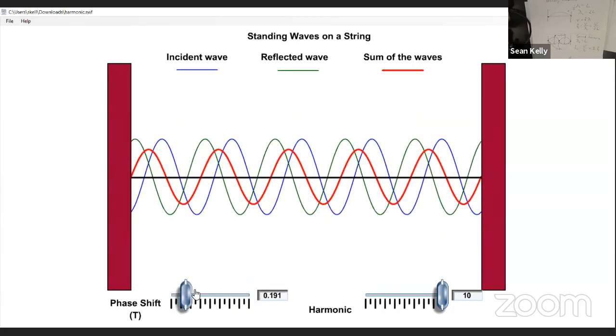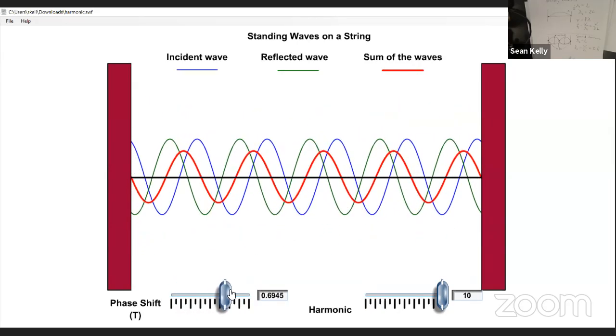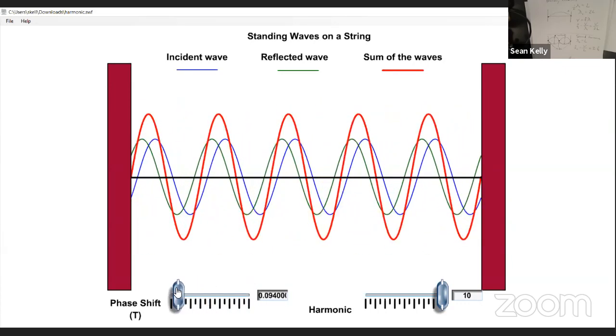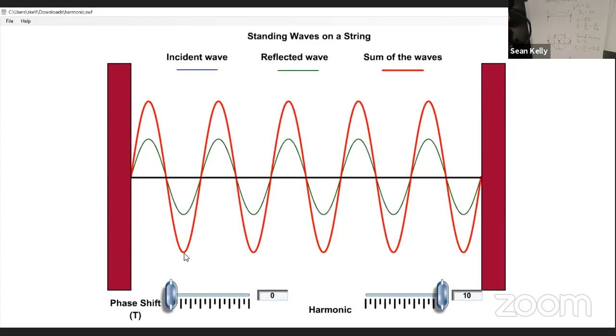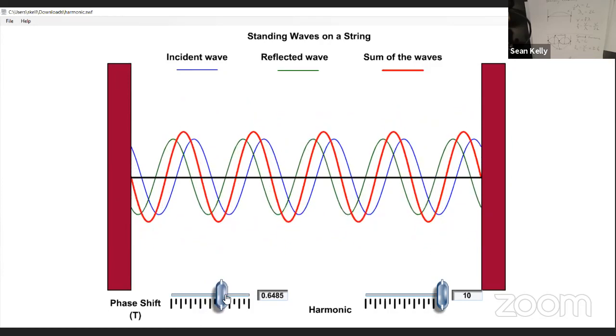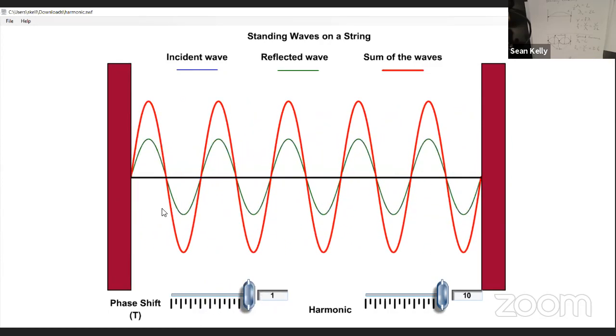Anyways, you just get more and more of these antinodes, okay? So the higher harmonic, you should be able to count 1, 2, 3, 4, 5, 6, 7, 8, 9, 10 antinodes for the 10th harmonic. And it looks really complicated, but it's really not. It's just the same thing that we've been talking about.